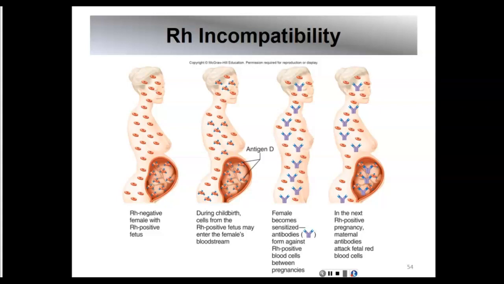If the mother is Rh negative and the fetus is Rh positive, during childbirth, the cells from the Rh positive fetus may enter into the female's bloodstream. That being the case, her body will not recognize it and start to make antibodies against that Rh positive blood cell. Now, in the future, if she has another baby who is Rh positive, those antibodies will start to attack the fetal red blood cells.